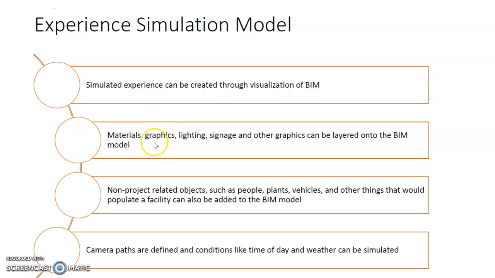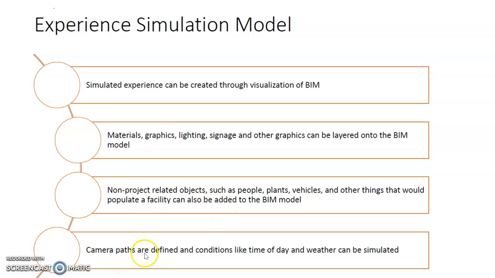The materials, graphics, lighting, signage, and other information can be layered into the 3D BIM model. Non-project related objects such as people, plants, vehicles, and other things that would populate a building or facility can also be added to increase the richness of the experiential BIM model.